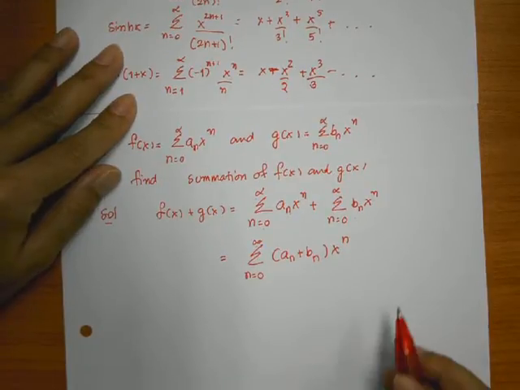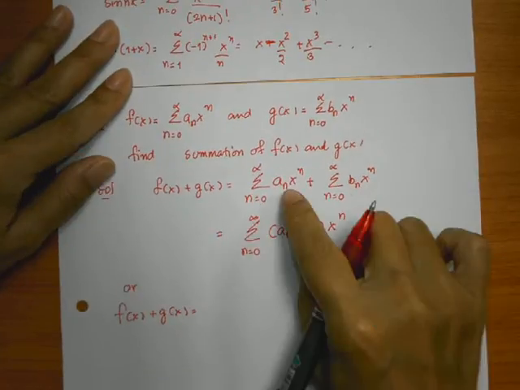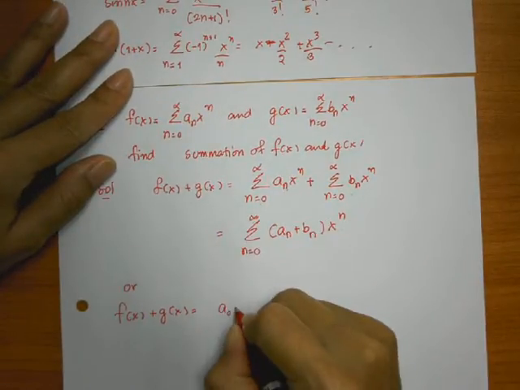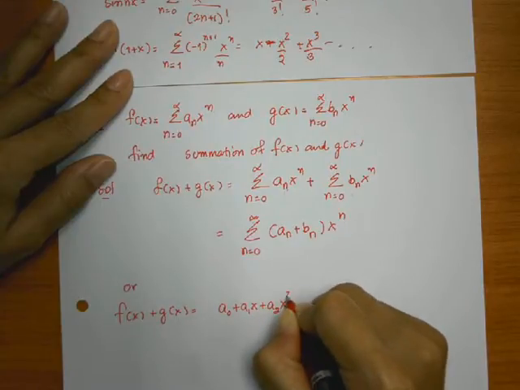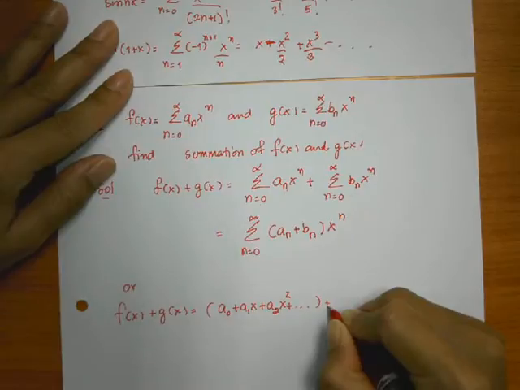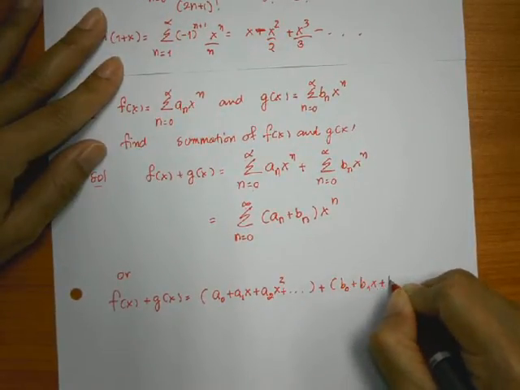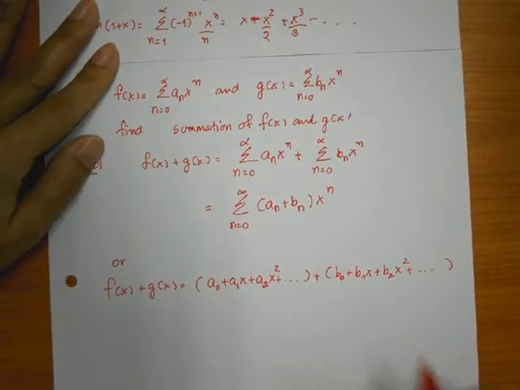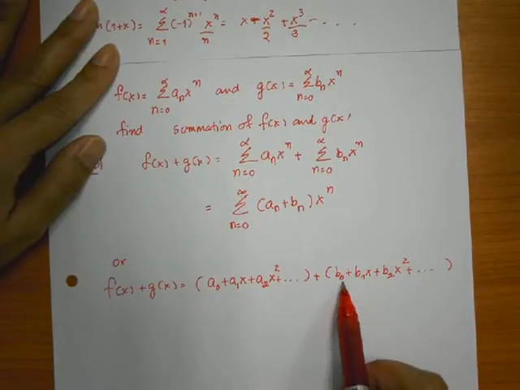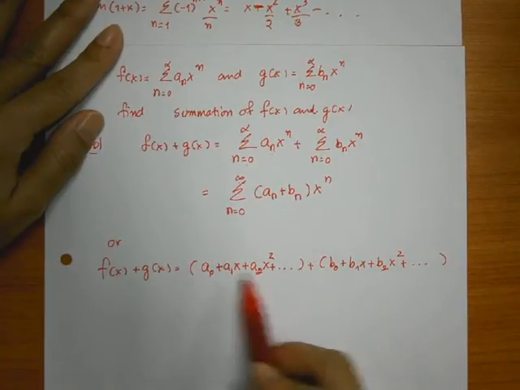Okay, for example, put n equal to 0, you would get a0 plus a1x plus a2x squared for the first one, right? And then plus the second one, b0 plus b1x plus b2x squared, until infinity. And the way you see, you have a0 and b0 there, right? So these two terms you can put together.